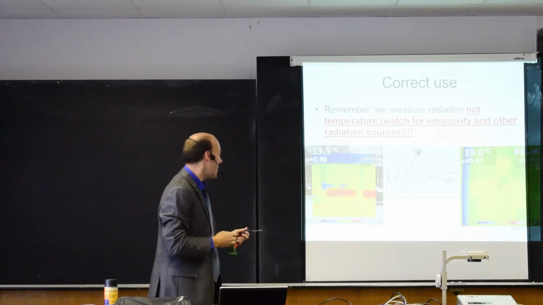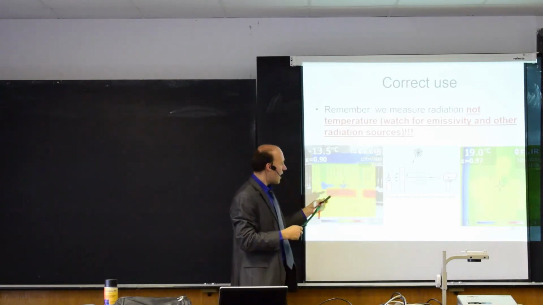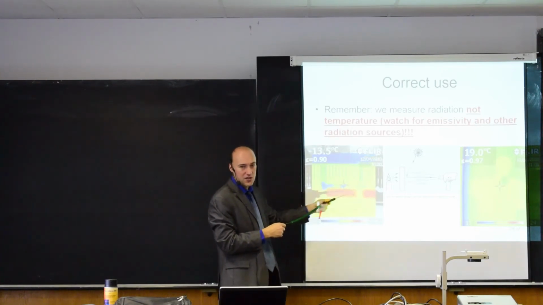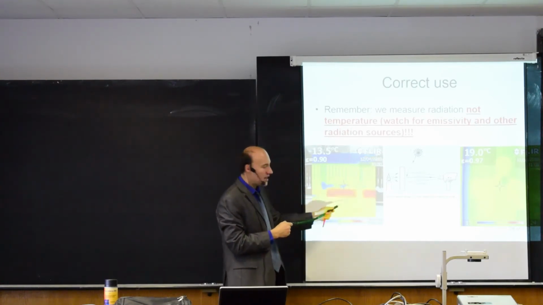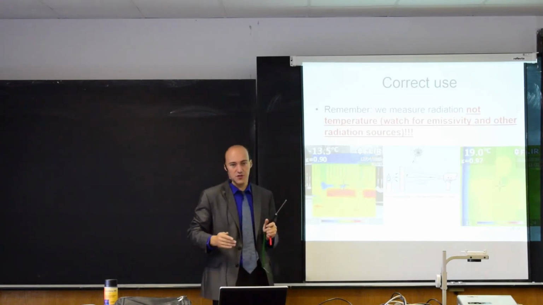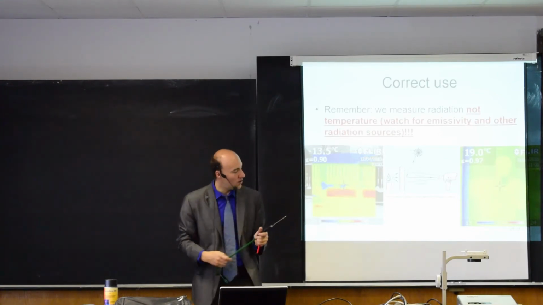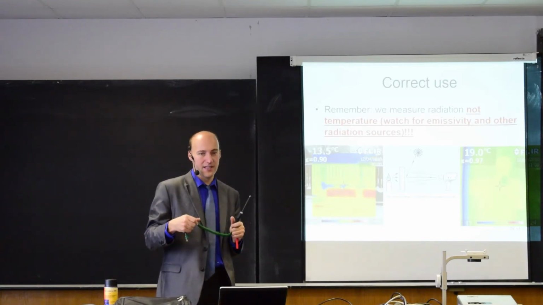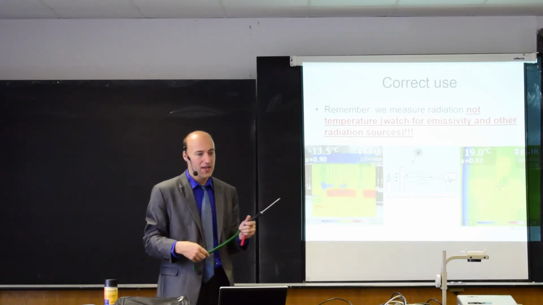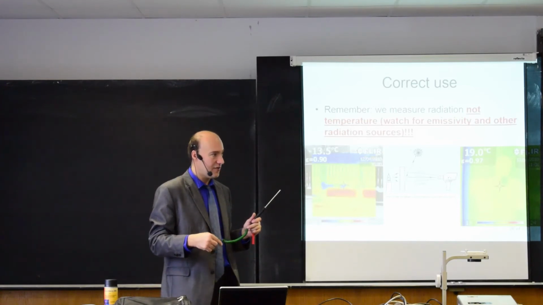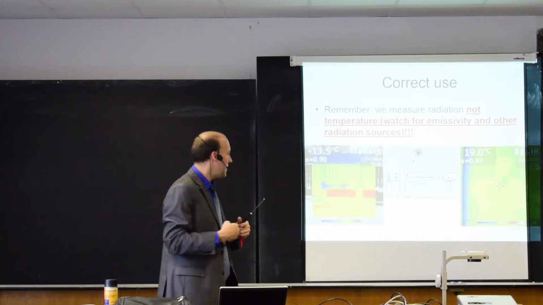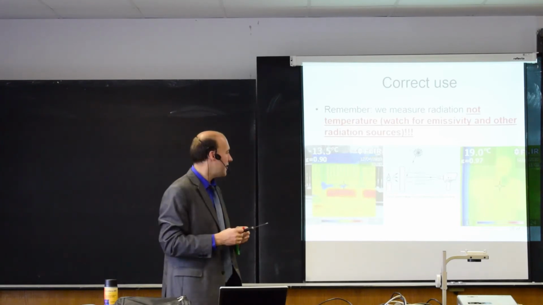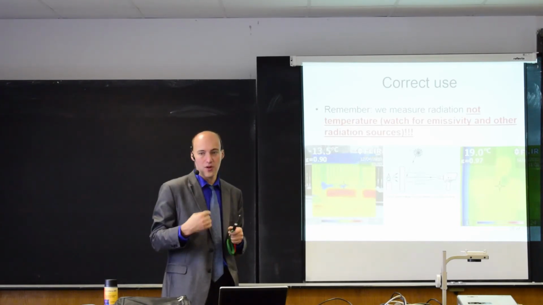So this way, you can go around the object, you can verify that your temperature reading is okay, and this will then be valid on the material with the same surface. So this is also one way how to set the emissivity correctly, because if we don't have any data about the emissivity, we simply cannot use the IR camera or thermometer to read the temperature.